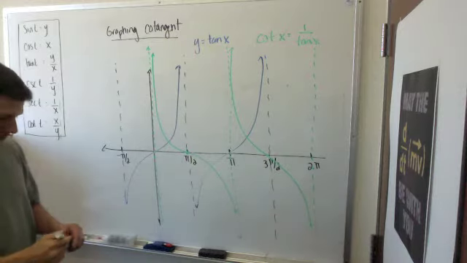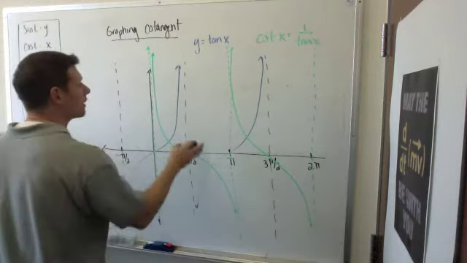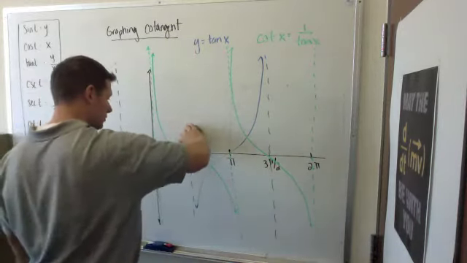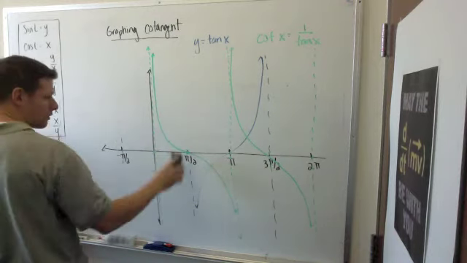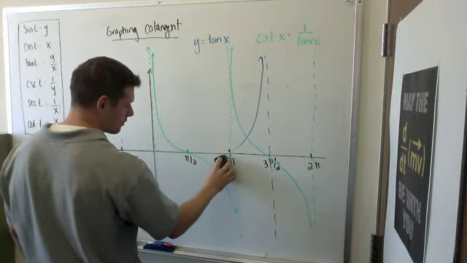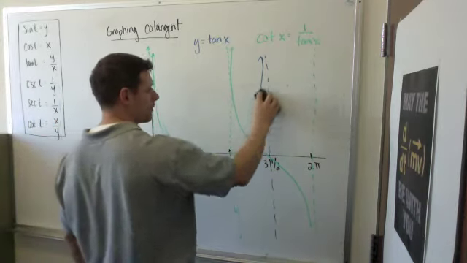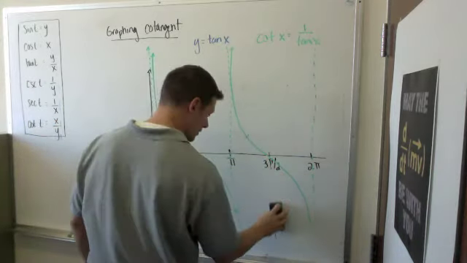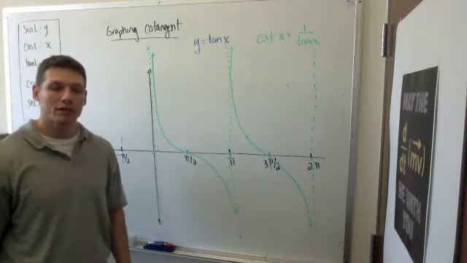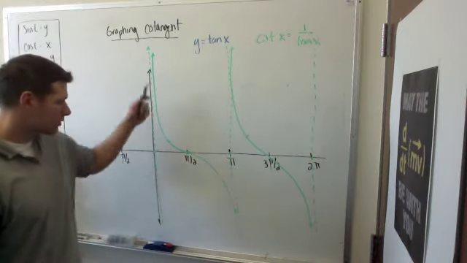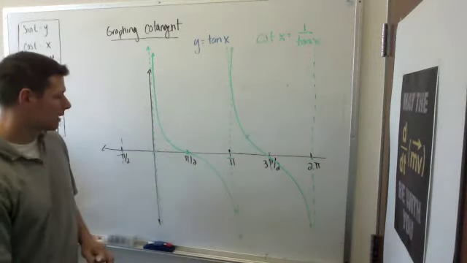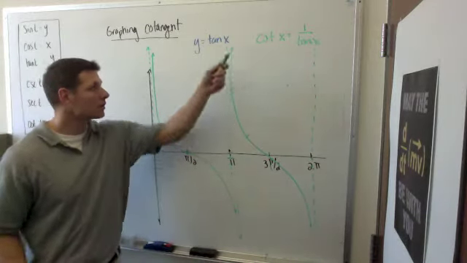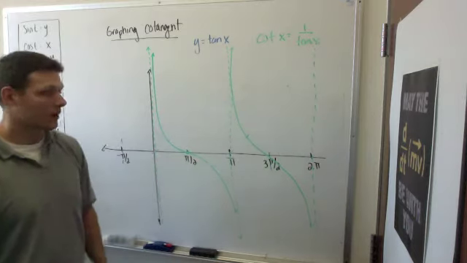So if I erase the blue now, we have the graph of cotangent x in green. Cotangent x again has period pi. We copy and paste it. It's the reciprocal function of tangent, and there we are.